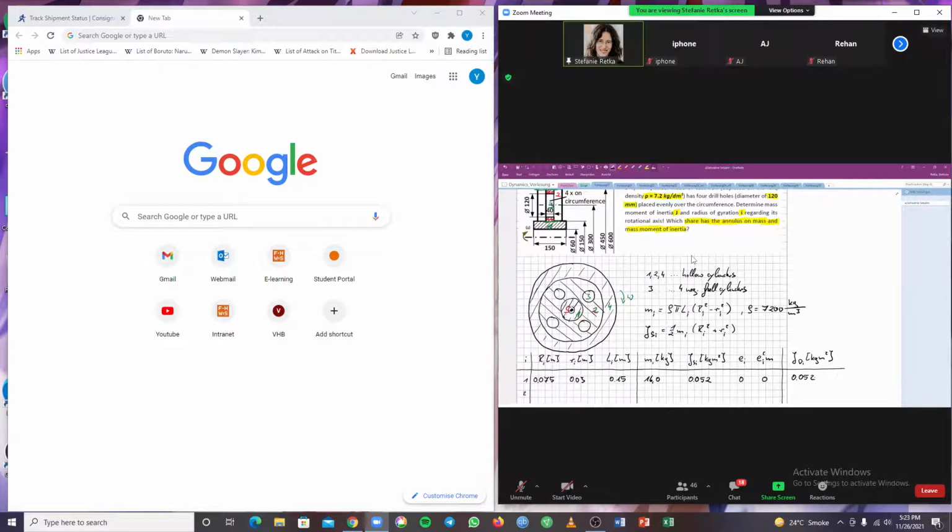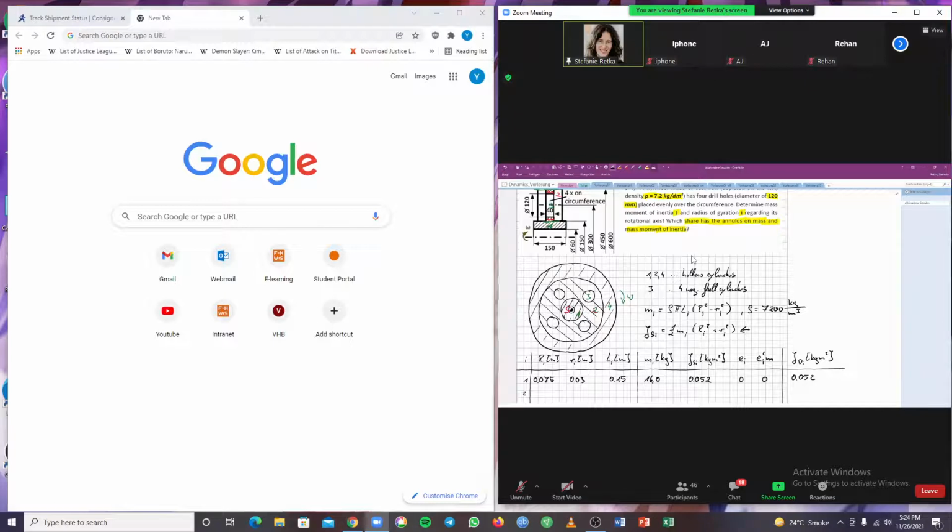So, Professor, how did we get the 0.052 again? This one or the one before? The one before? I used this equation right here. 1/2 times 16 is 8. And then the radius as stated in the equation. So 0.075 squared plus 0.03 squared times 16 divided by 2.